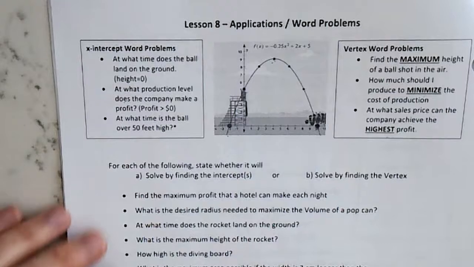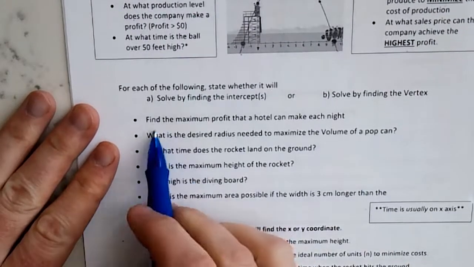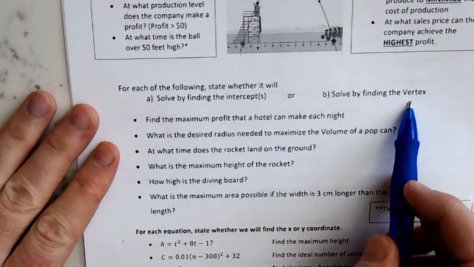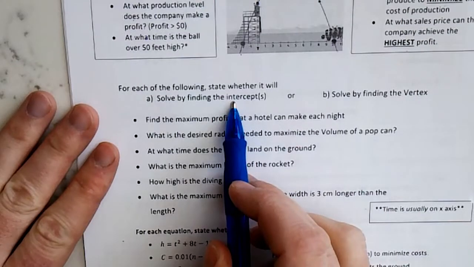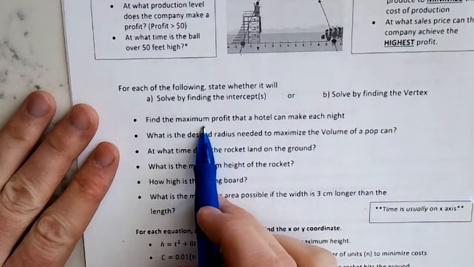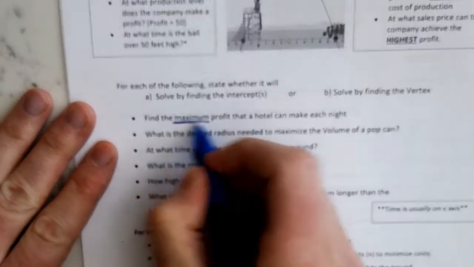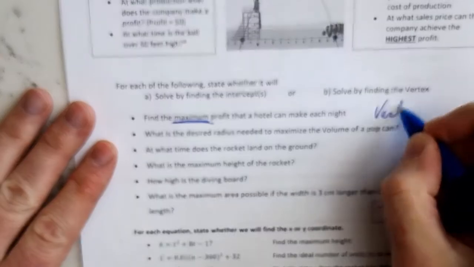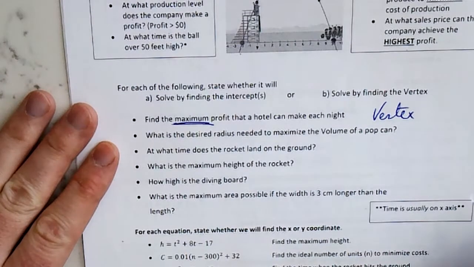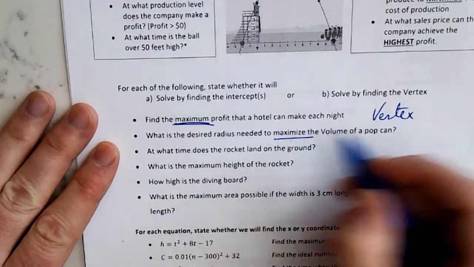So let's practice this. We've got some examples here, and we have to read through this and find out, is it the vertex or is it an intercept problem? So find the maximum profit that a hotel can make each night. As soon as you see maximum, vertex. Read through the question, desired radius to maximize, vertex.